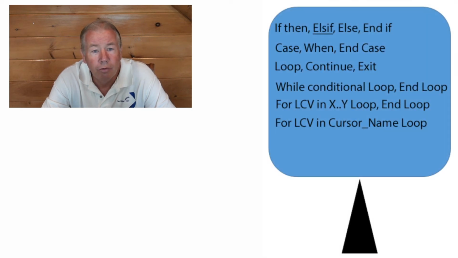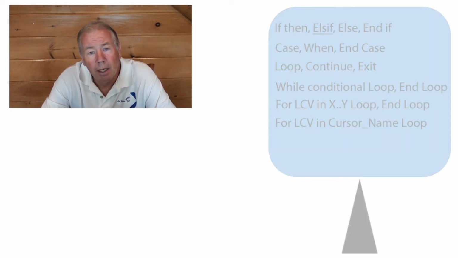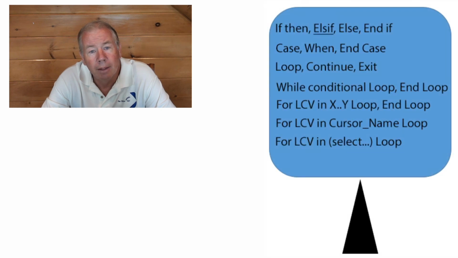Moved on to for variable or for record in cursor, explicitly defined, loop, and then you've got access to that record type within the loop. Finally, for record type in a select statement loop. That's my favorite. That's the one I'm using all the time, for most instances, because it makes a great deal of sense, at least for me. And it is almost self-documenting, so very common usage.